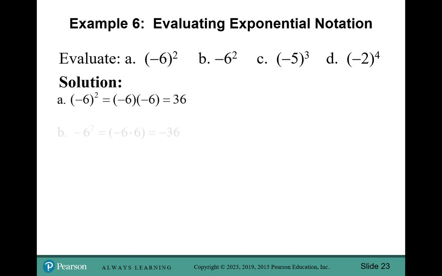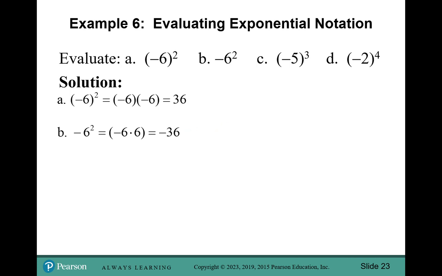Okay? If I look at the second style notation, what I'm truly looking at here, negative 6 squared, the negative part itself is not squared. It just stays out front. So I'm looking at negative 6 times 6, which is negative 36. Because the 6 part is truly the only part that is squared.